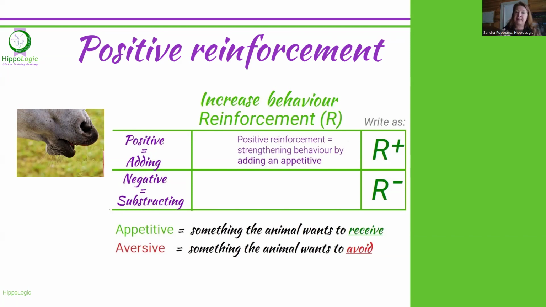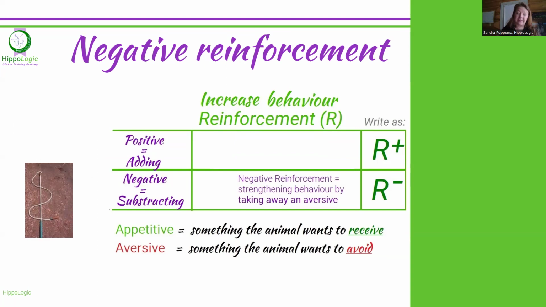And that's why we use a clicker or a word to pinpoint the exact behavior we want to see more of. So in positive reinforcement, we have to give the horse something he wants to have and is willing to work for, and that is called an appetitive. And an appetitive is per definition something the horse loves to have.